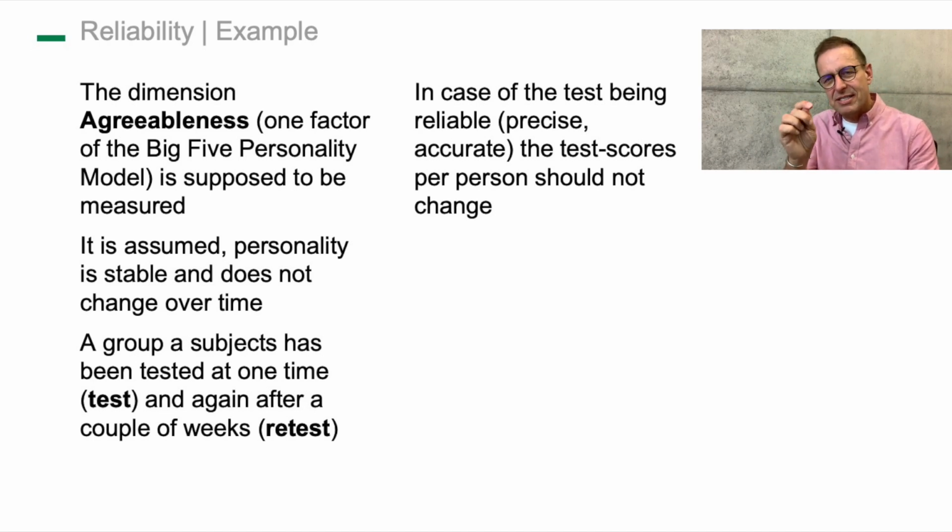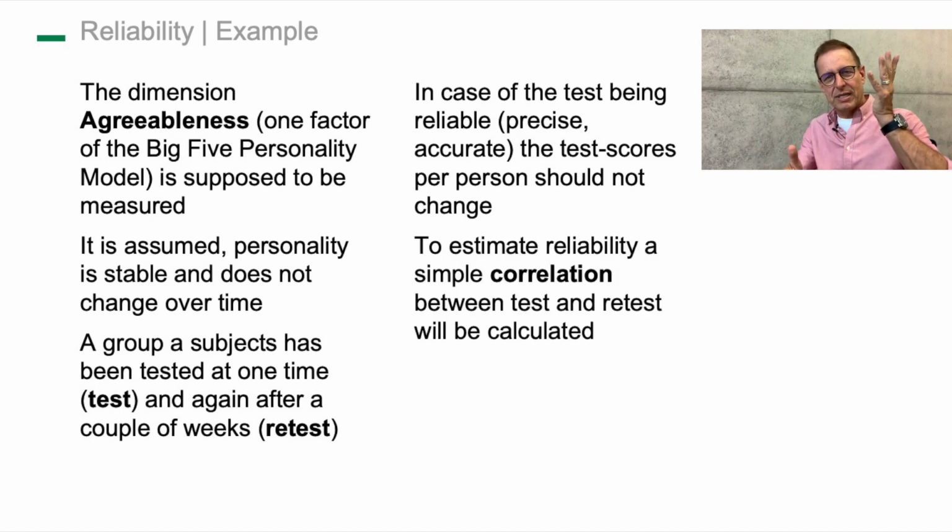And when we measure the same dimension, agreeableness, again 3 months later, we would again expect 86 because the test is so precise and the personality dimension did not change with that person. So we calculate the correlation between test and retest. That's why this particular reliability we also name the test-retest reliability. Okay, that's the idea. Test-retest reliability. And that's supposed to be high.